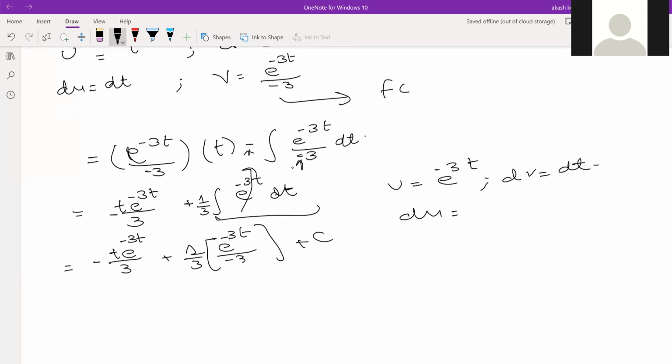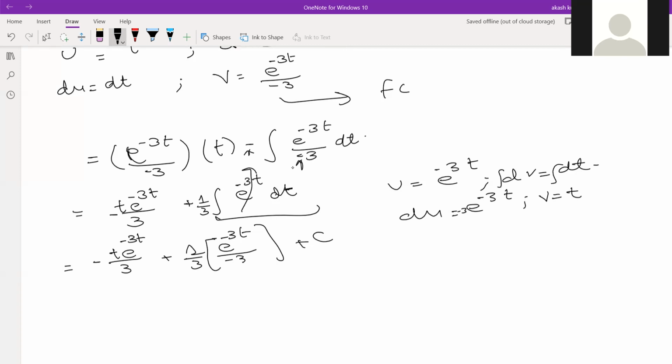Like du will be e to the power of minus 3t, with minus 3 multiplied because we are taking a differential. And dv will be equal to dt, so v equals t.